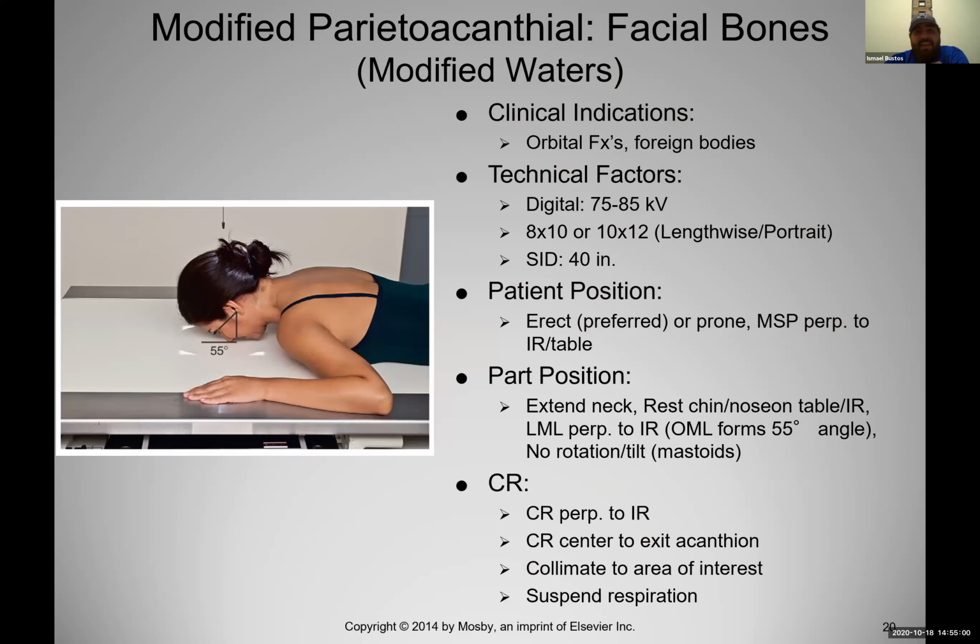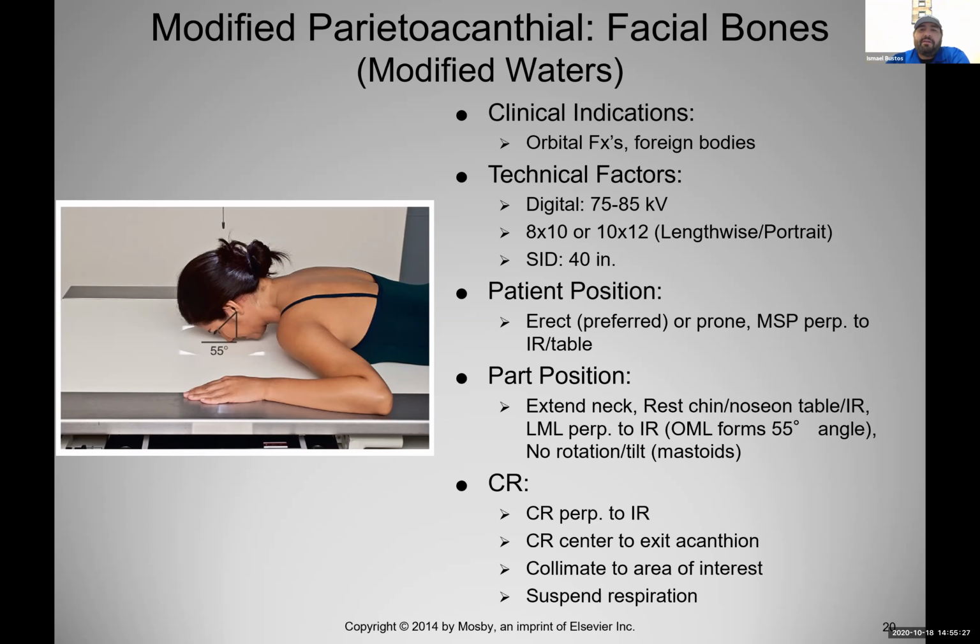It is also best for an overall view of the orbit. I know I said Waters will show an overall view of the entire orbit, but the modified Waters is even better for an overall view. But remember, for the top portion of the orbit it's still the Caldwell. This one is for the infraorbital margin, and the best for a general overview is still the modified Waters.